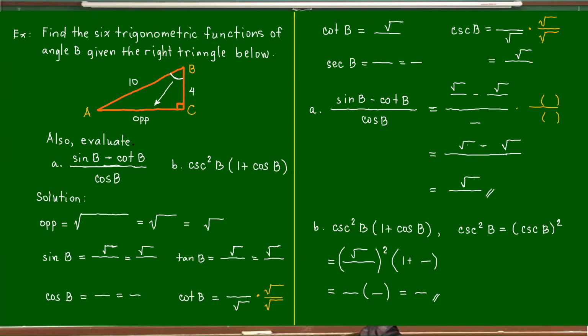We are also asked to evaluate these expressions: sine B minus cotangent B all over cosine B, and also cosecant squared B multiplied by 1 plus cosine B. So what are the values of these two expressions given the trigonometric functions that you can get from this right triangle? Let's begin. First we have to solve for the side AC, which is the opposite side to angle B.